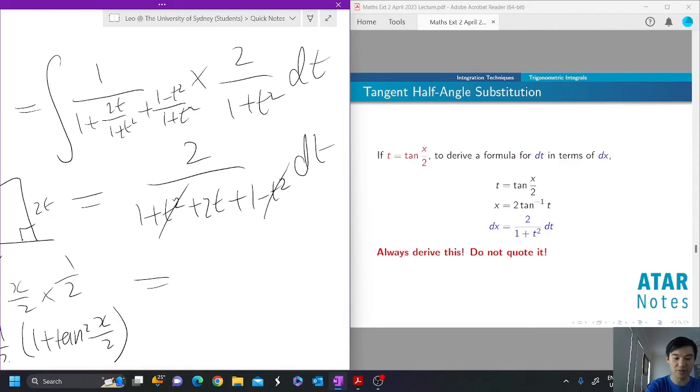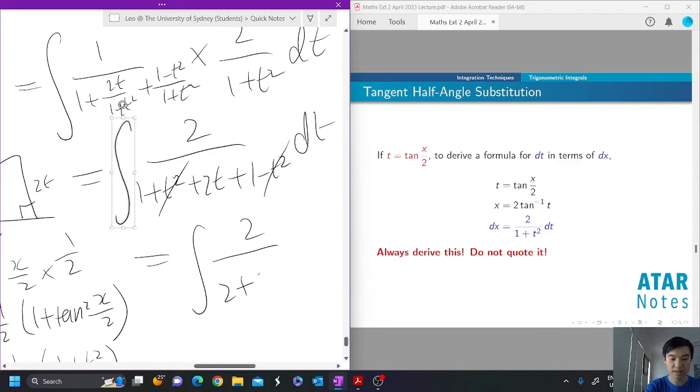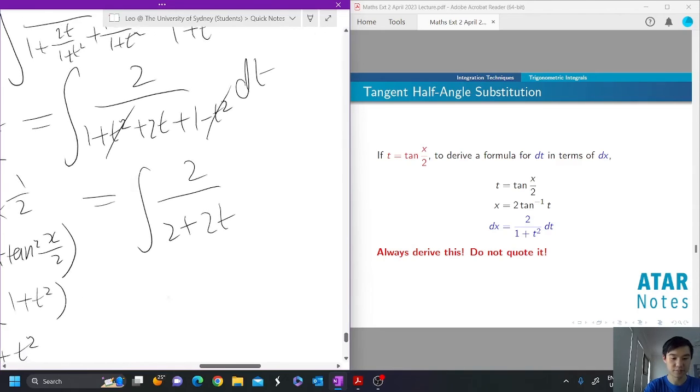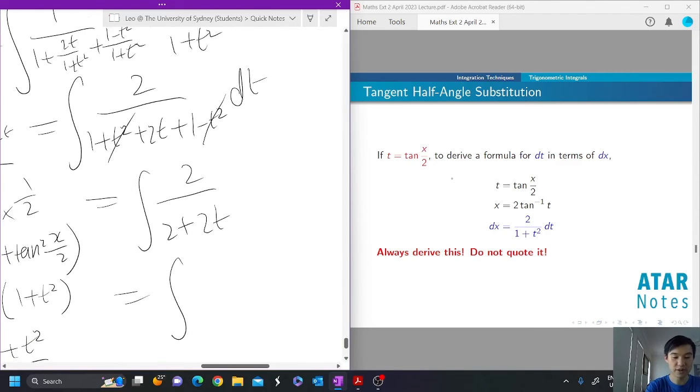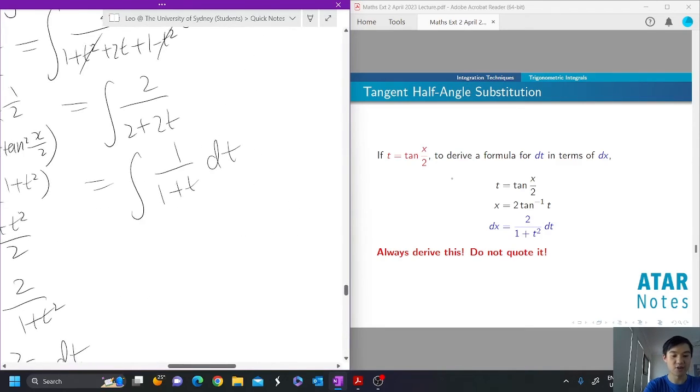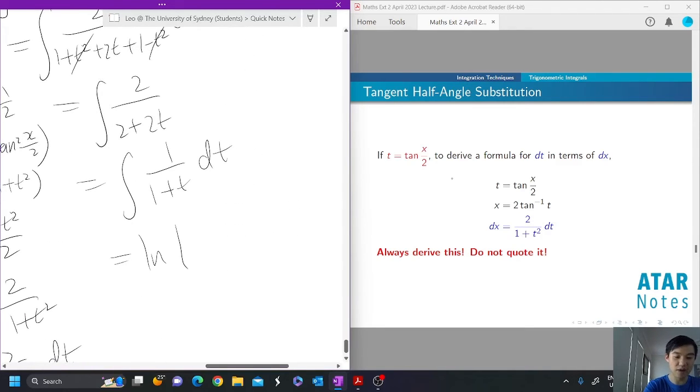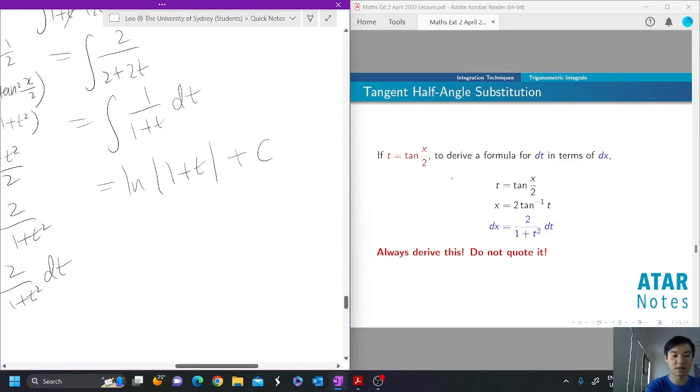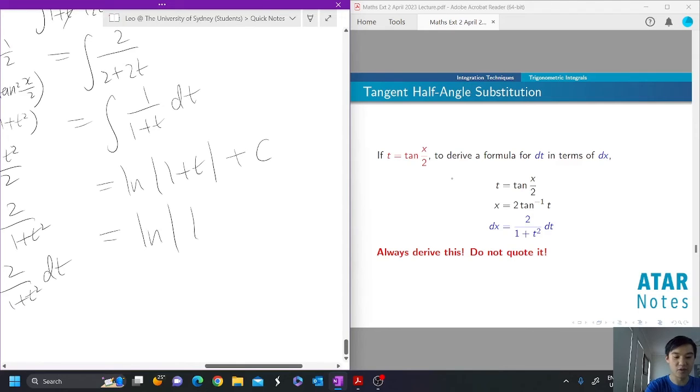And I'm left with the integral of 2 over 2 plus 2t, which is going to be 1 over 1 plus t dt. And this is going to be ln of the absolute value of 1 plus t, plus c. And remember that t is equal to tan x over 2. So this is ln |1 + tan(x/2)| plus c.